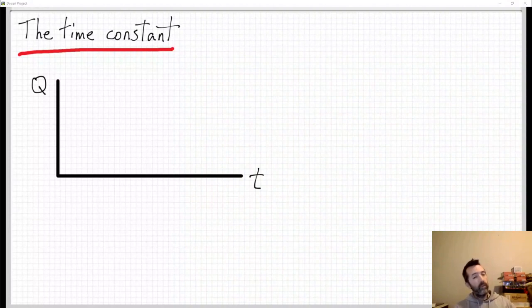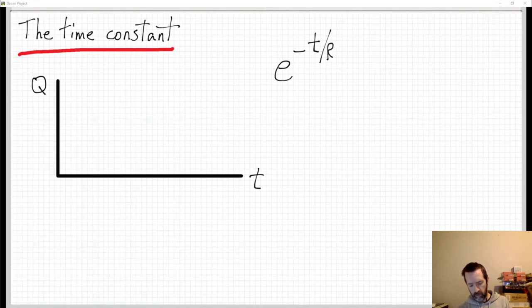Okay, more RC circuits. Let's talk about time constant. So in all of those exponential functions, we had e to the negative t over RC. So this appeared somewhere in all of those.